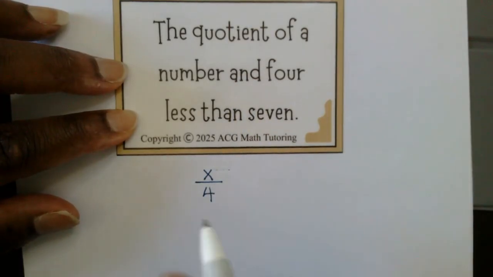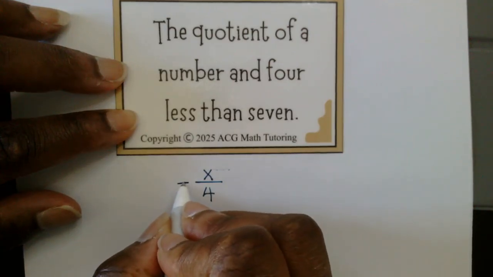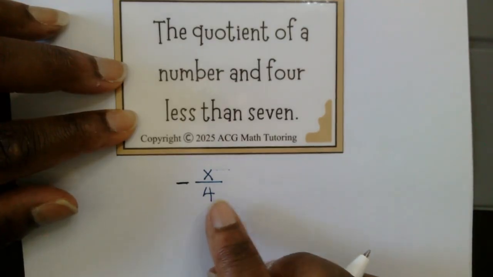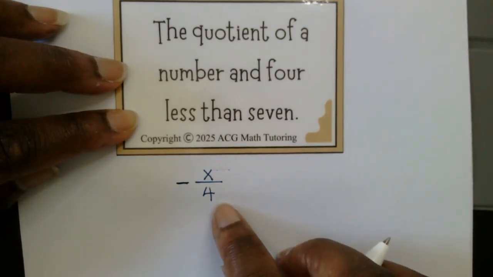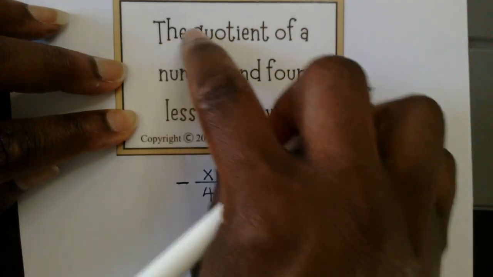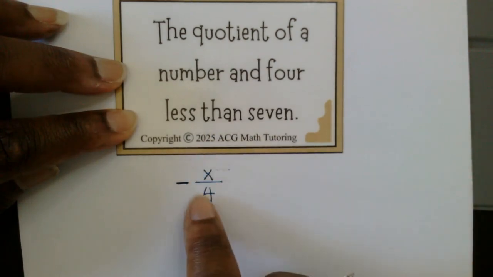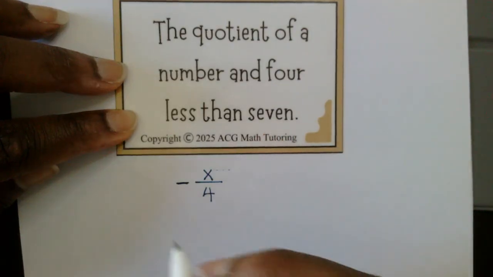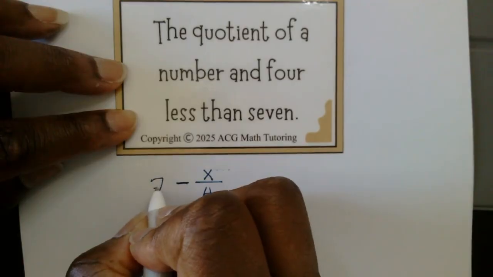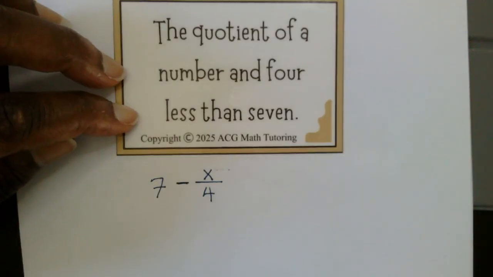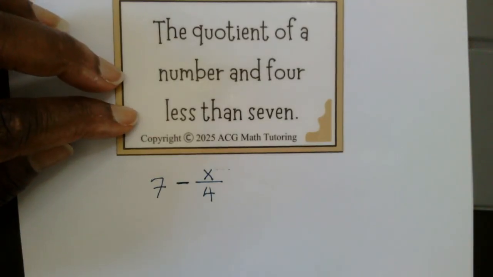So that means your minus sign is going to be attached to the quotient, the x over 4, because this is what's less than. So that's the one going to have the minus sign. And it's less than what? It's less than 7. Okay. Do you see it now?